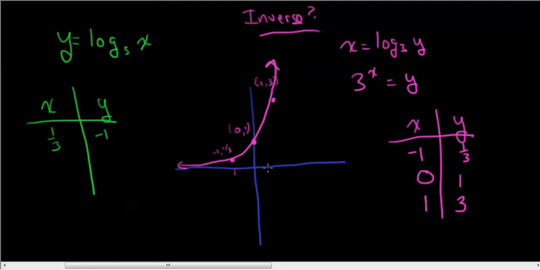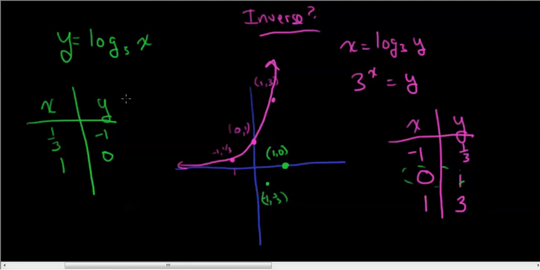When x equals 1, y equals 0. I'm just switching these x's and y's. So this is the point 1, 0.